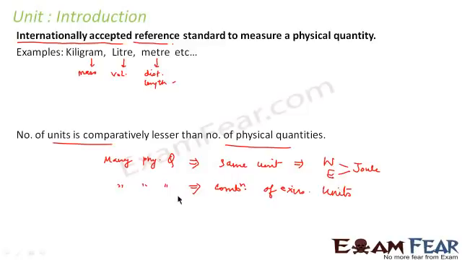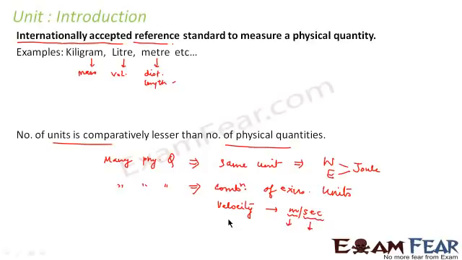For example, we say velocity. Velocity is a physical quantity. Now, the unit which is used to measure velocity is meter per second, where meter is already a unit for length and second is already a unit for time.